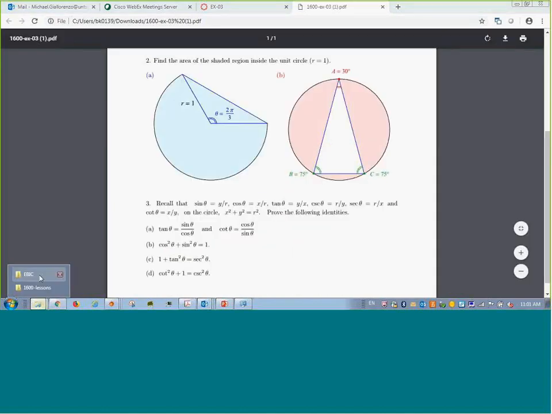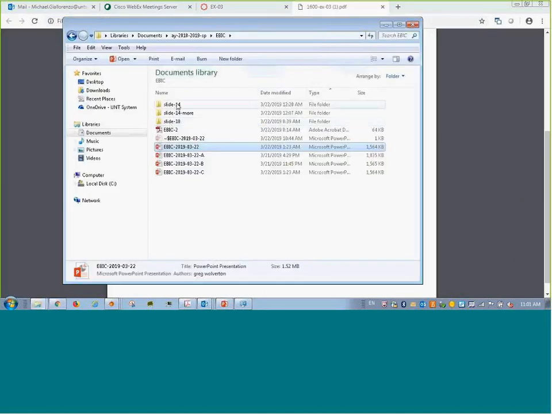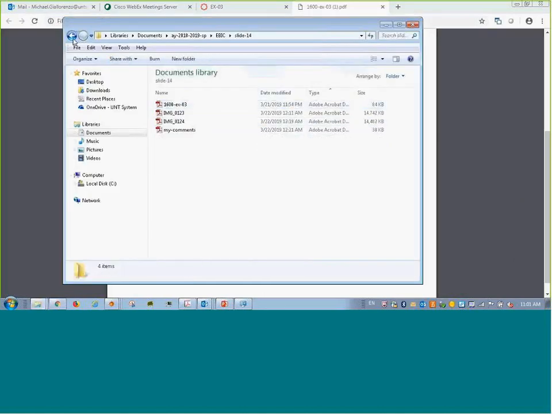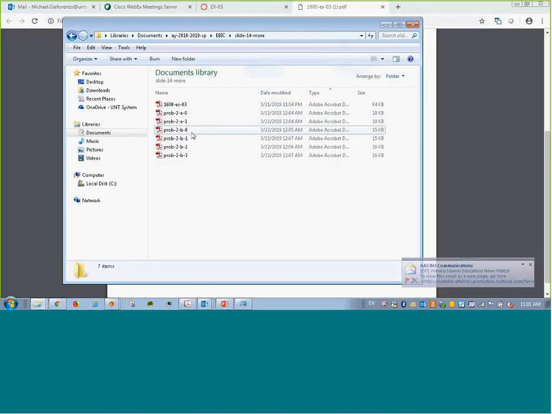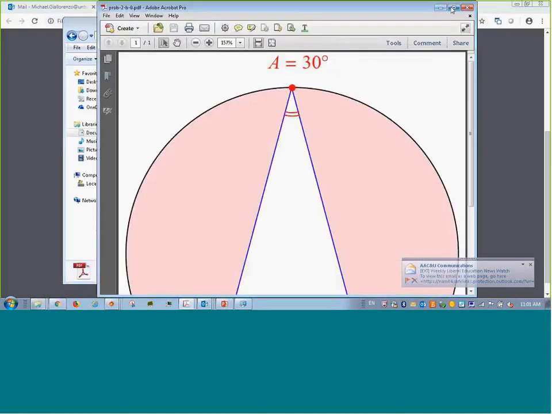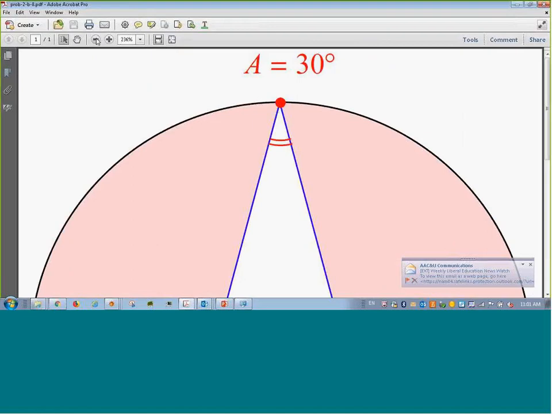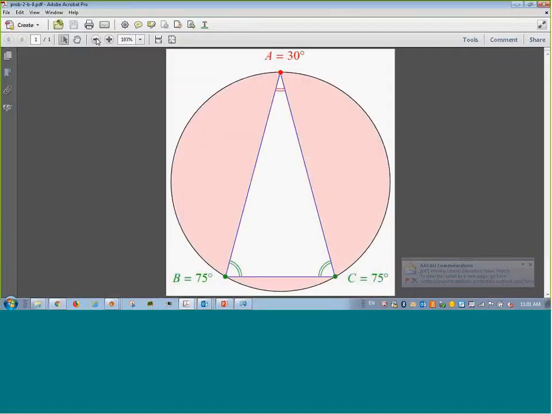Want to see some examples? Okay, not here, excuse me. Over there. And how about this? Okay. This is a picture, and the students have to find the area of the shaded region.